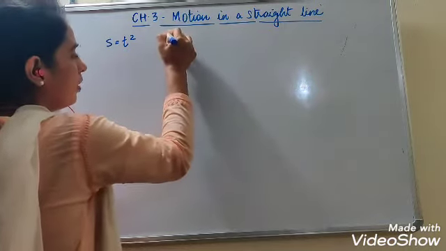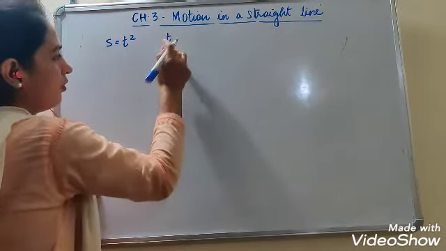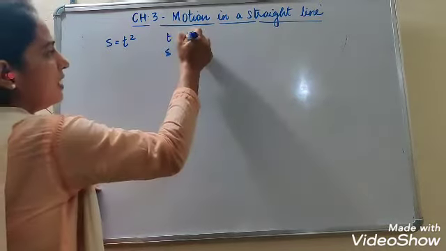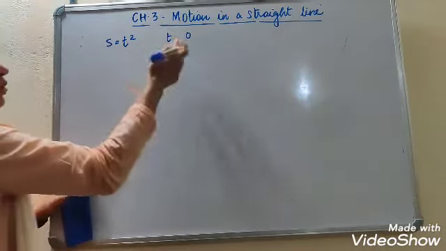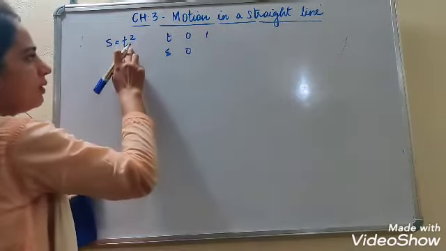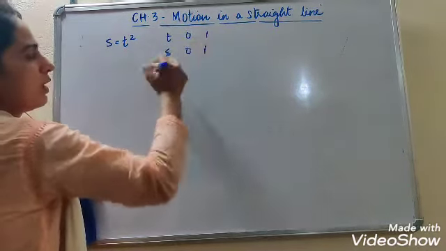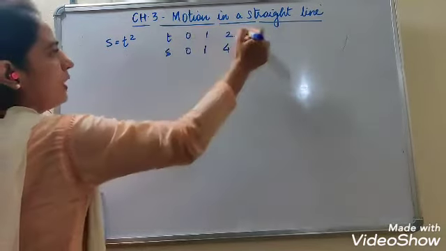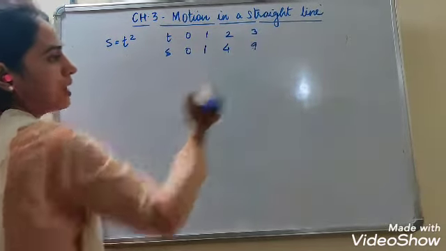So can we draw a graph? First we will draw a table for S versus T. When T is equal to 0, 0 square is 0, so S is 0. When T is equal to 1, then 1 square, S is 1. When T is equal to 2, then 2 square, S is 4. When T is equal to 3, then 3 square, S is 9.